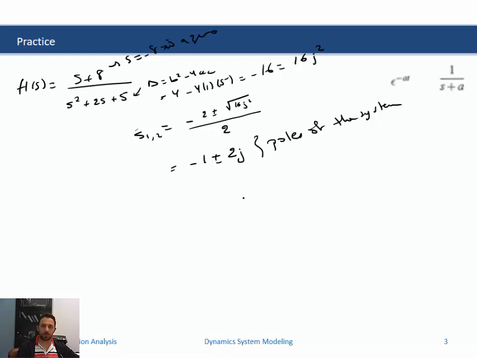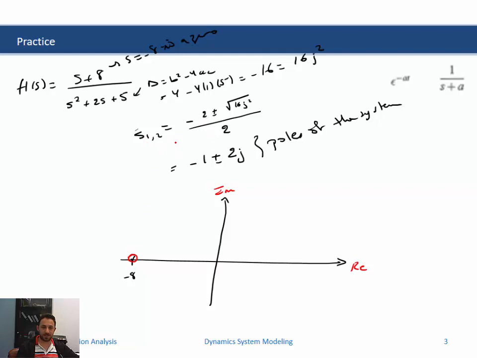Okay, now let's plot the zeros and poles. We have s = −8, a zero. Again, remember this is the imaginary axis and this is the real axis. So this is −8, a zero.